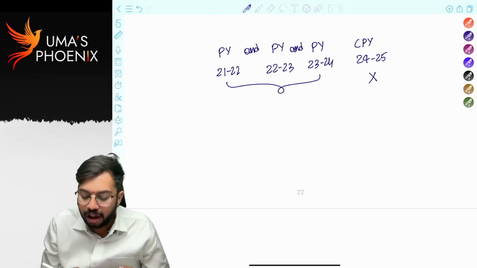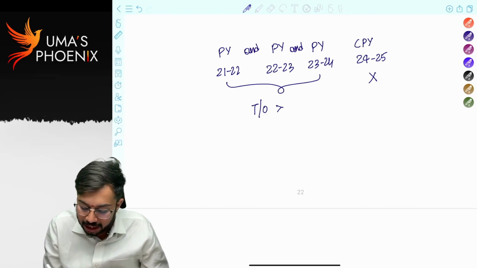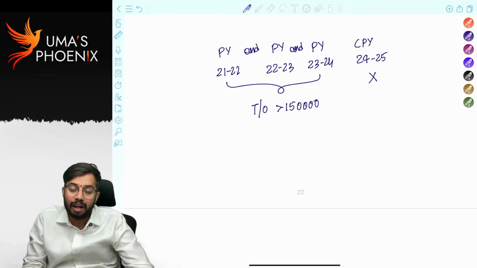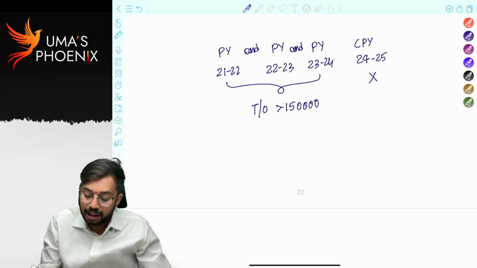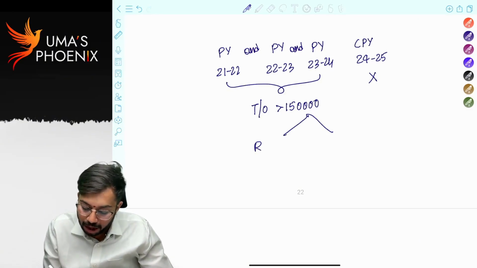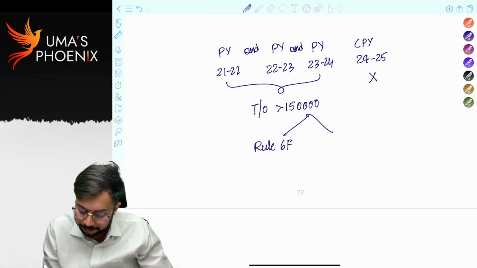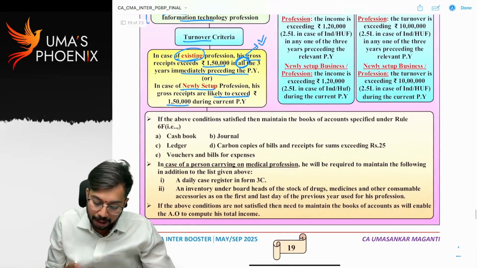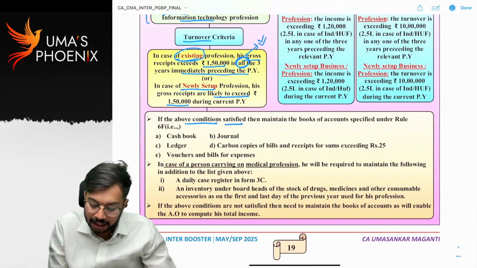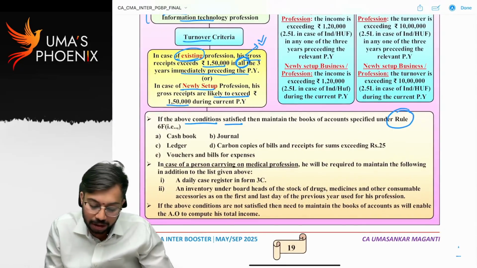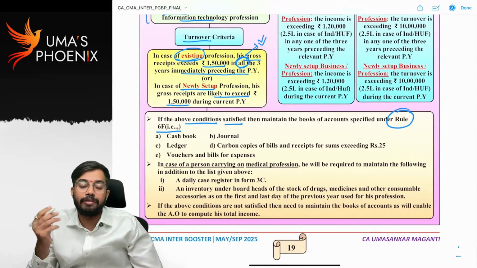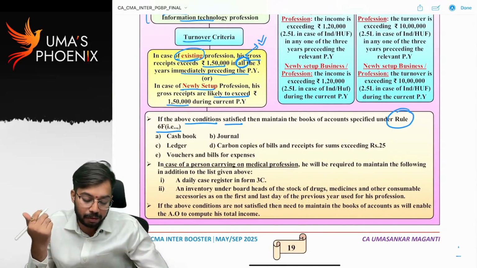For all 3 years, if turnover is greater than 1,50,000, then he is required to maintain books of accounts as per rule 6F. If the above conditions are satisfied, then he is required to maintain books of accounts as per rule 6F. What are all the books of accounts as per rule 6F?